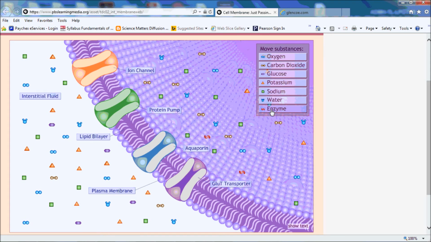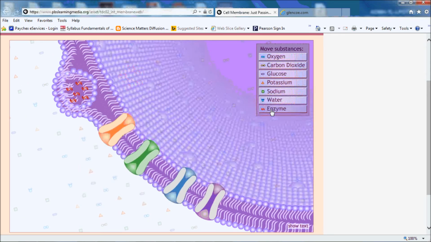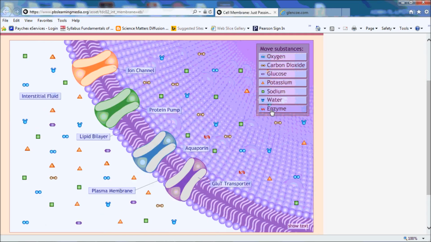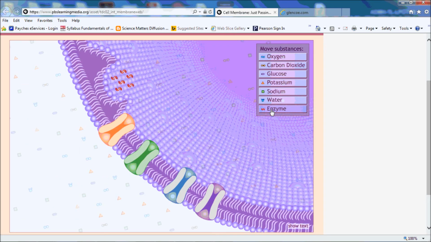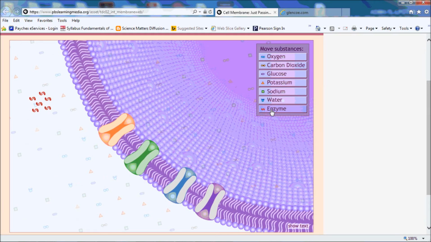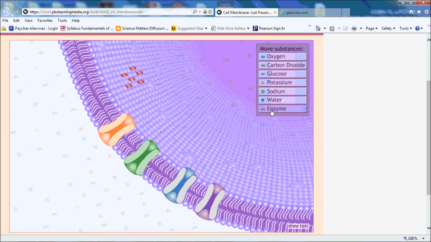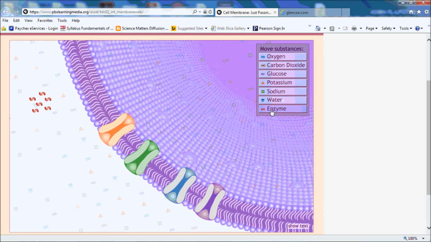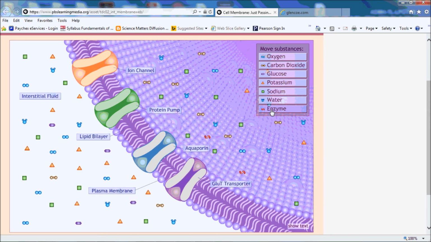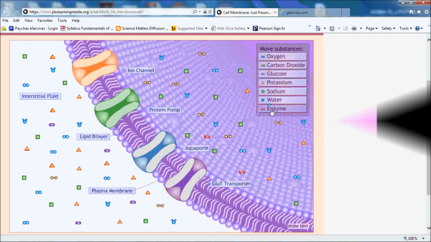Now this enzyme, the cell membrane, those phospholipids, they do have to move to surround those particles. So since they are moving, this is another reason why the cell would use energy, so this would be active transport. So that's pretty much how I go through this with my students.